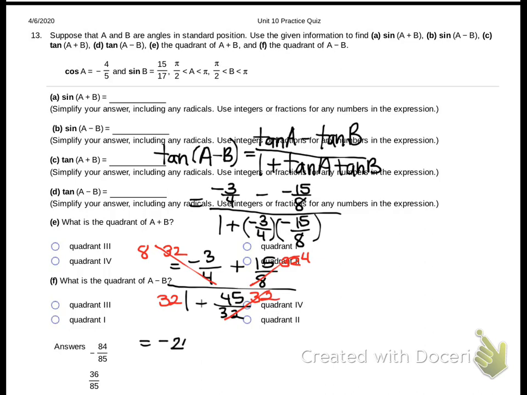So it's negative 24 plus 60, 32, and 45. I'm getting 36 over 77. Let me verify that that is right. Yep, that is right. All right.